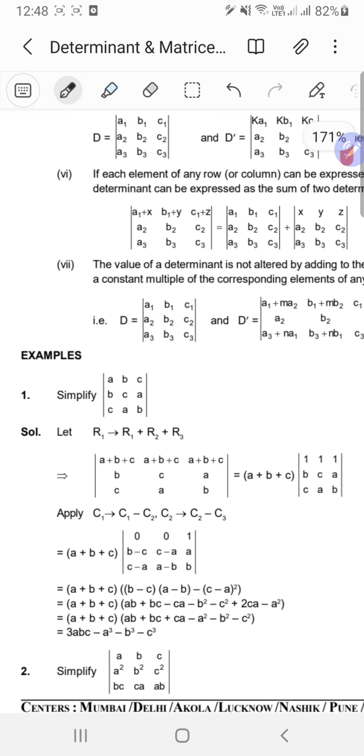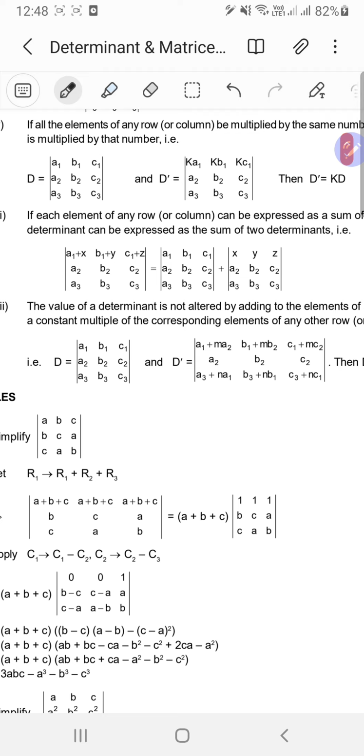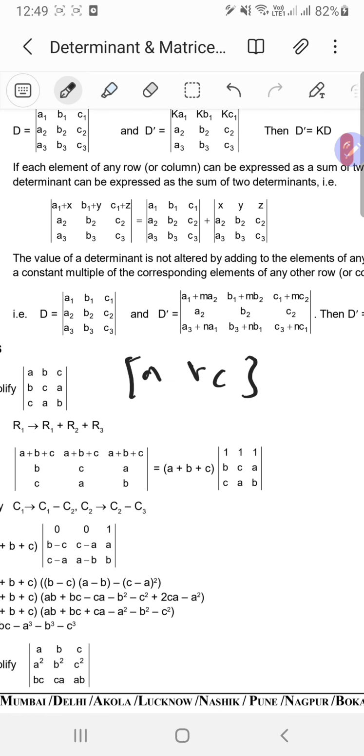So what's the proof for this? We know that if two, okay, that makes sense. For example, if you had a1, a2, a3 plus k times a1, or rather k a2, and then b1 plus k b2, or something like that. You know what, we need to write it in a better format. I can just write it like this, a, b, c. Convert rows to columns and then you can always write it like that.